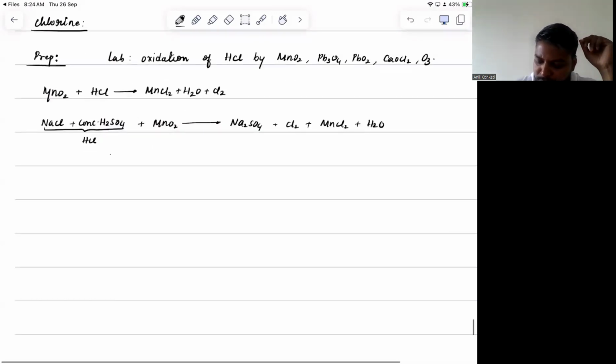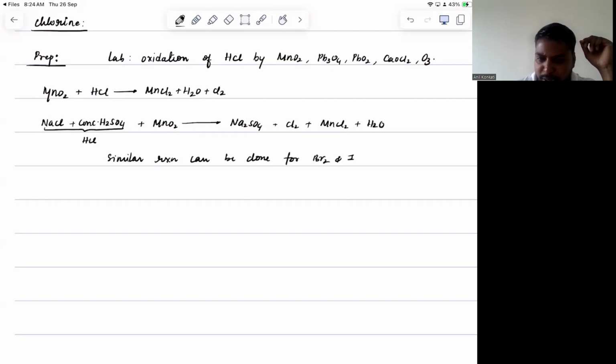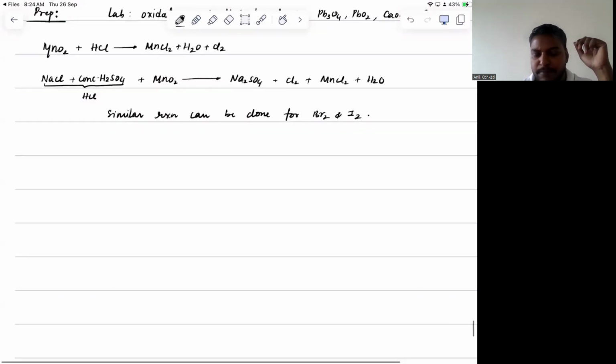Now, similar reactions can be done for Br2 and I2 also, okay?